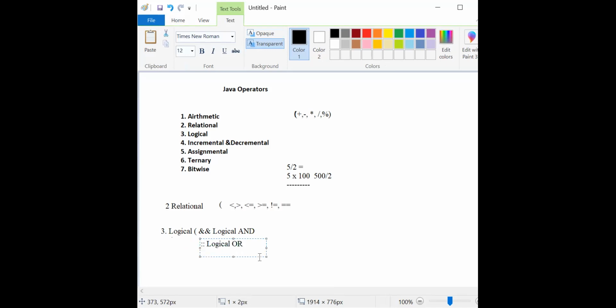Okay, and the third one, this exclamation mark, is the logical not.